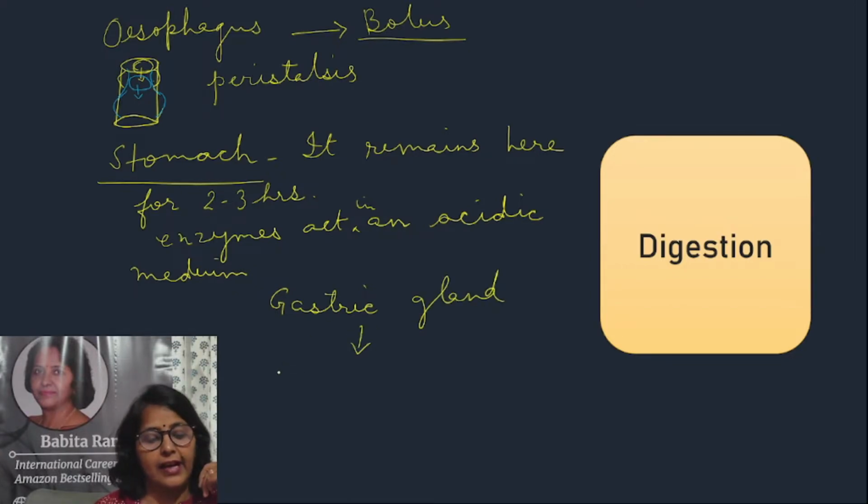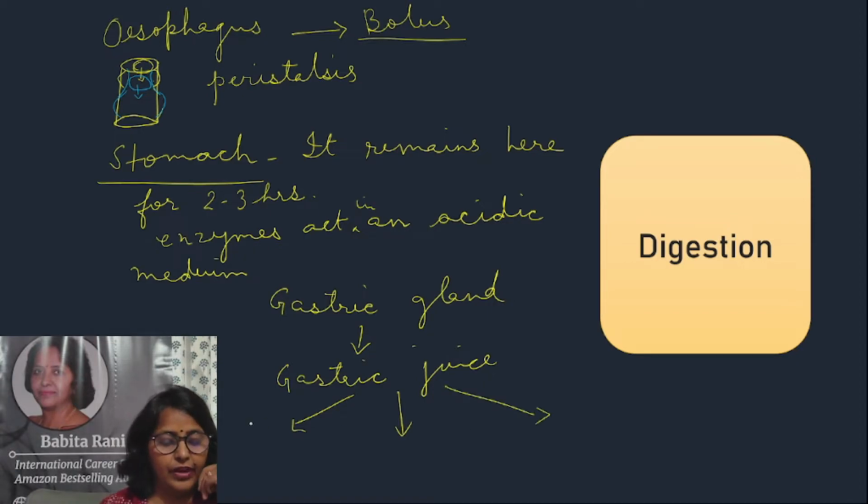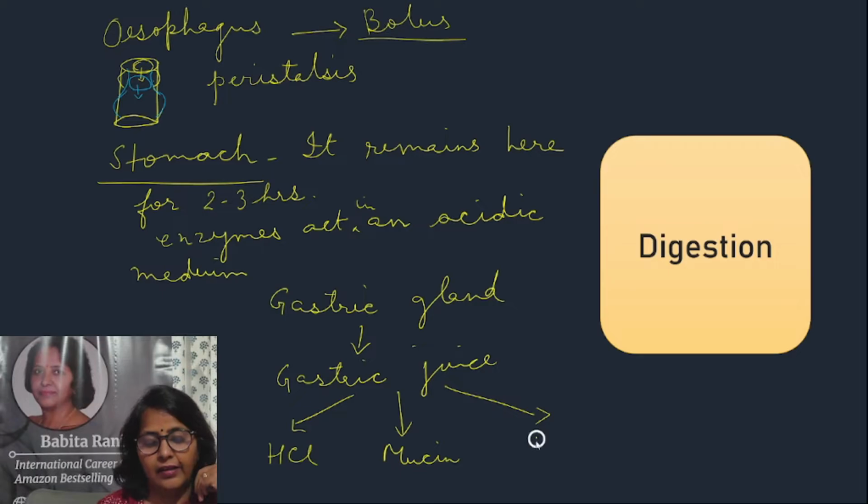These gastric glands secrete a juice called gastric juice, and this contains 3 different things, and all of them have their own function. One is HCl, the other is mucin, and the third one is the enzyme, that is pepsin.